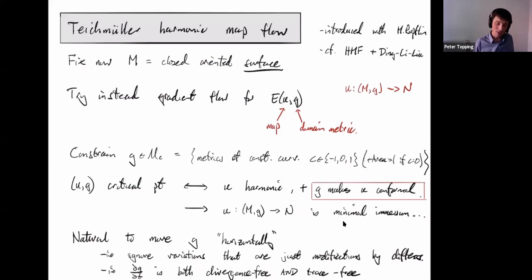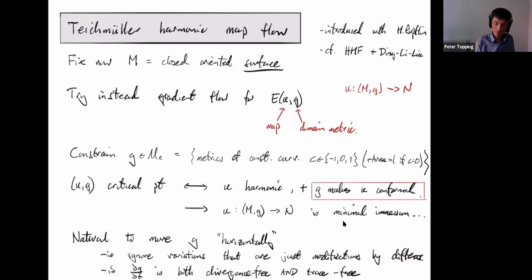So what we're going to do is constrain the domain metric G to lie within this space of metrics M sub C, the metrics of constant curvature. So my domain surface is always going to be closed. In fact, just take it to be oriented.